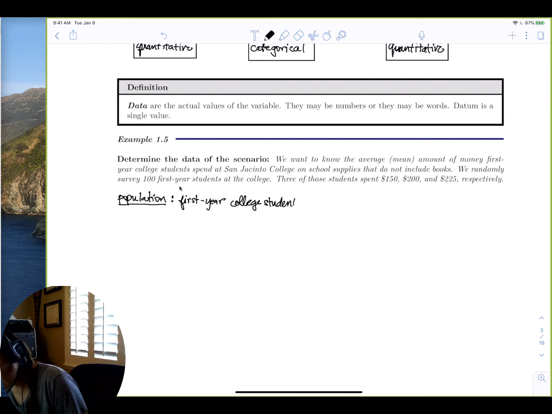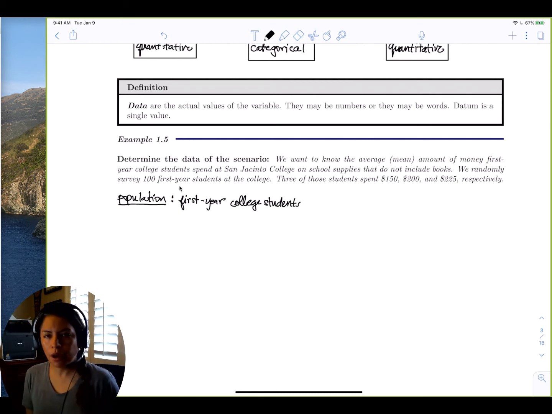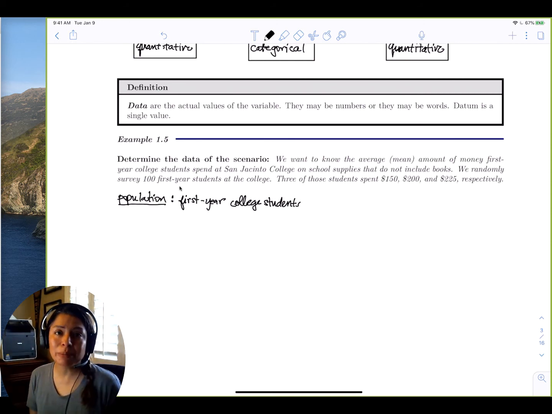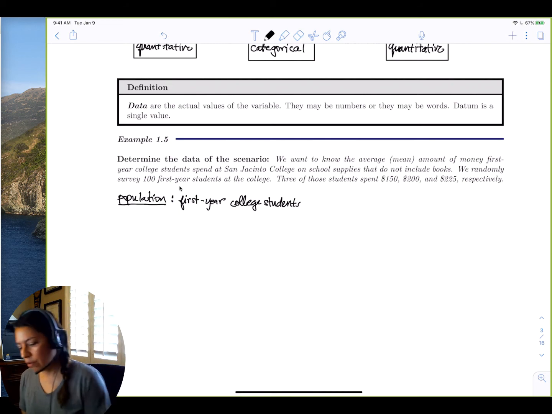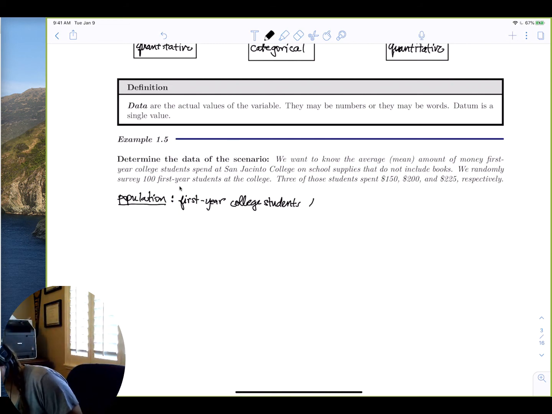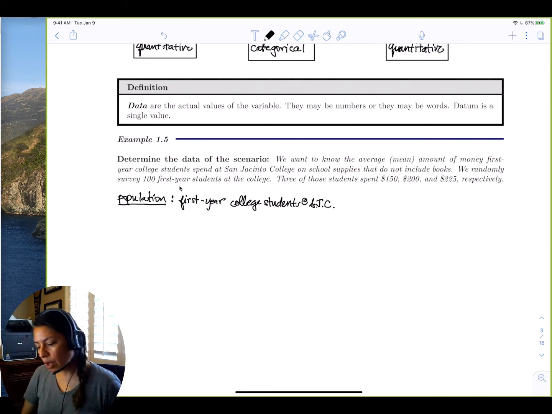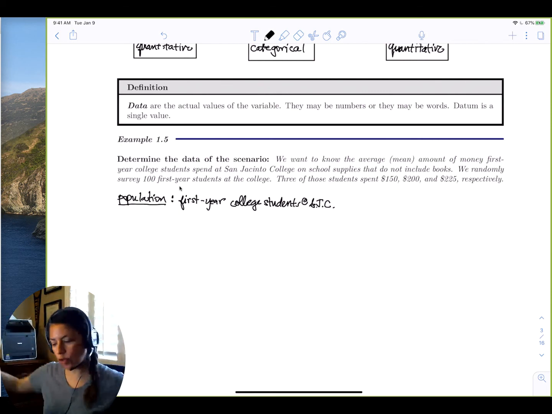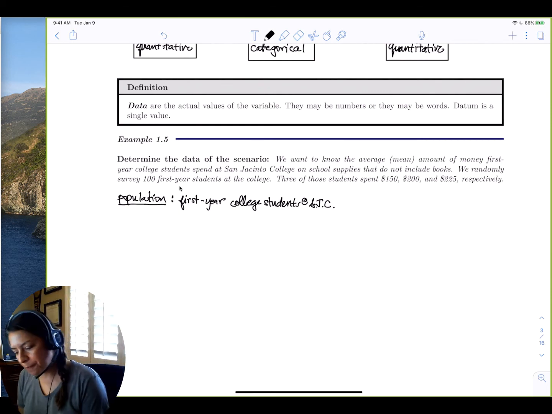And in this study, do we care where the college students are at? Do we care if they're at UCLA or Princeton? No, we don't care about those schools, right? They specifically just want their school, which is San Jacinto College, right? So the whole population is all first year college students at SJC, okay?